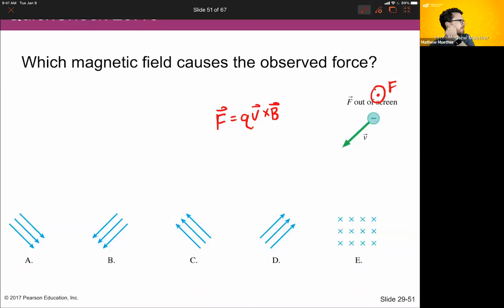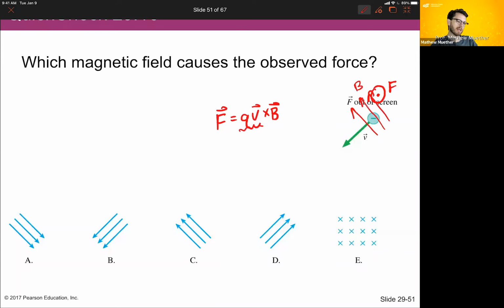Okay, I'll give you guys a few more seconds. All right. So most popular answer here by far is C, up and to the left. Well, let's check. Let's see if that gives us the right answer. So let's assume this is the correct answer for B. Let's use our right-hand rule. What direction does QV point?